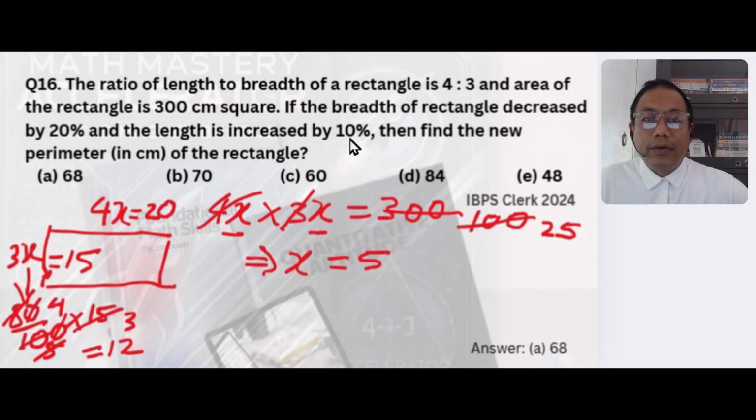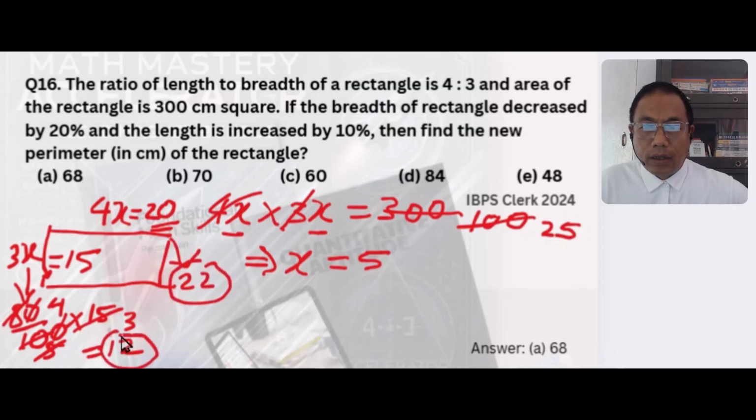The length is increased by 10%. 10% of 20 is 2. Take out 0, it becomes 10%. 20 plus 2 is, new one will be 22. This is new length. This is new breadth. Find a new perimeter.